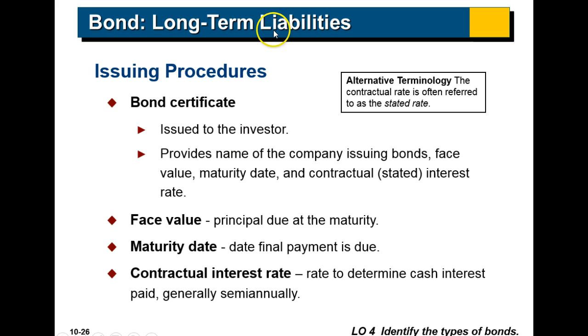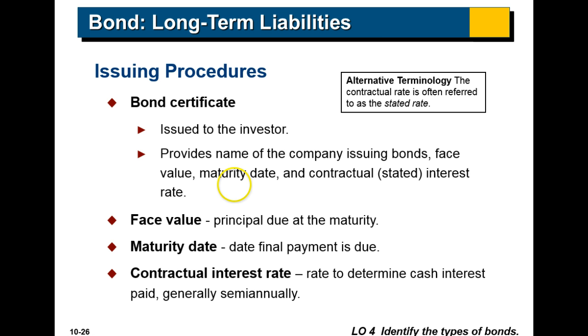What happens when bonds are issued? Basically, you'll see on the bond, the certificate, they're going to be given to the person who's lending the company money. So they're going to hold a bond, and it generally shows the name of the company, the face value, the maturity date, and the stated interest rate on that bond.